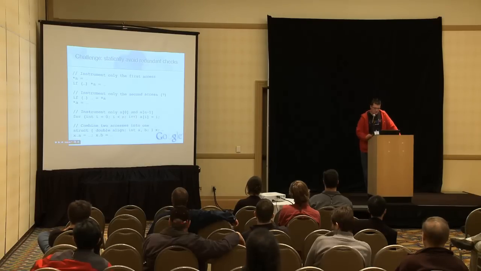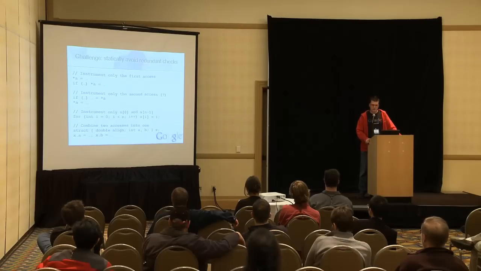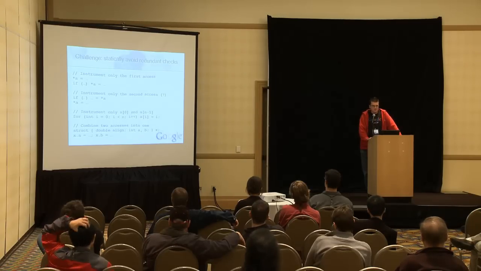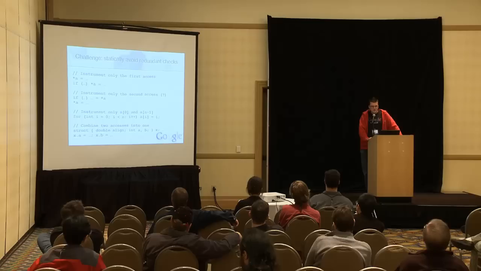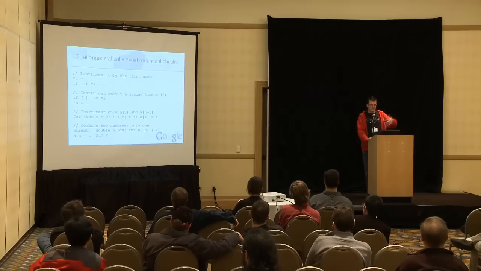Yet another example, consider we have a struct with two integers where the first one is aligned by 8. We access two of them, but we need only one check because we actually access 8 bytes. So these are very similar to traditional compiler optimizations, but the problem is, how do you test such an optimization? If you optimize the generated code, you can test on all the code you have in the world.